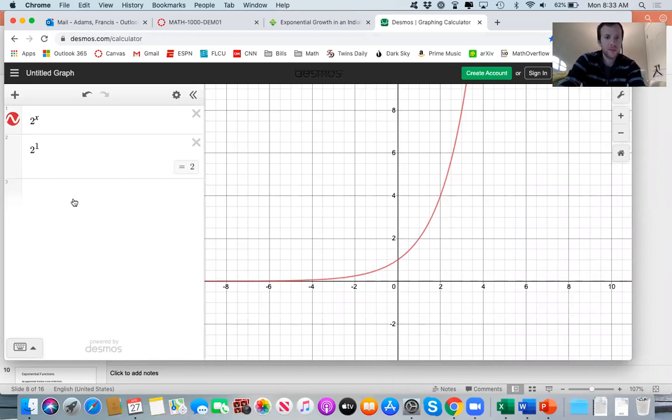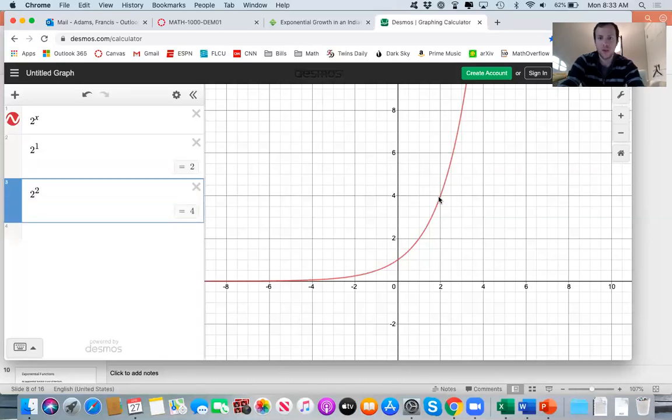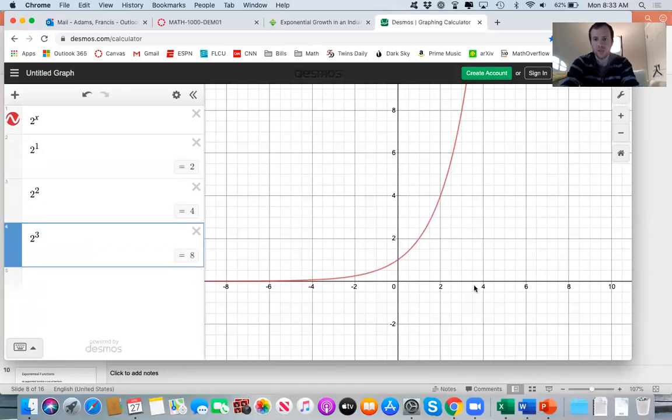Okay, no, that's not true, I was pointing at the wrong point. 2 to the first power is 2. 2 squared is 4. We've got that point. 2 cubed is 8. That puts us here. 2 to the fourth is 16, so that's further up. So as we go out in this direction, our numbers keep getting bigger.